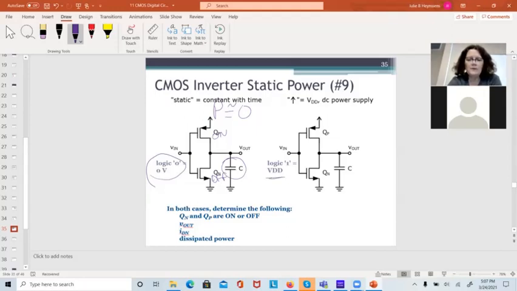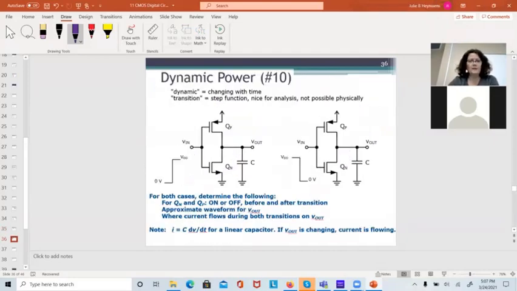If I'm sitting here with a logic 1, this transistor is off, this transistor is on, I've got a high resistance to ground, and the power approximately equals 0. Yeah, there's some leakage current, but it's not huge. It's a really good rough approximation of 0, because it's dominated by this problem.